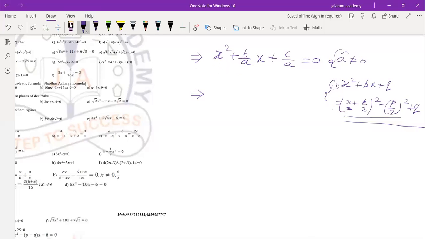X plus b upon a upon 2 whole square minus b upon a upon 2 whole square plus c upon a.